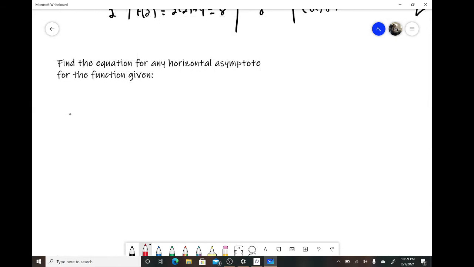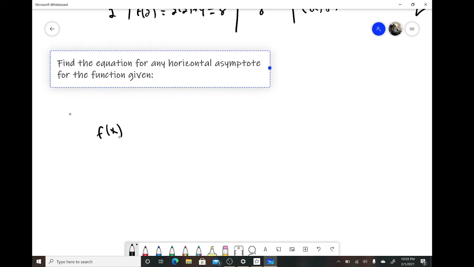And the function that's given is the following rational function. So it is f of x equals 3x cubed plus 2x plus 4 divided by 2x cubed plus 3x minus 3.